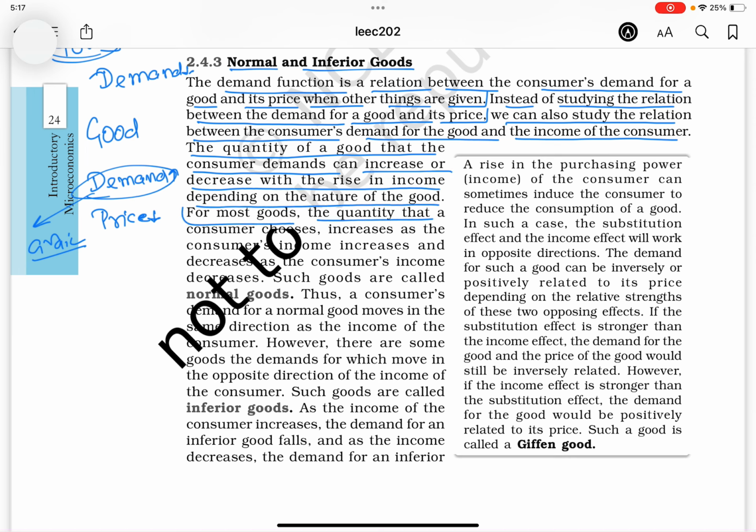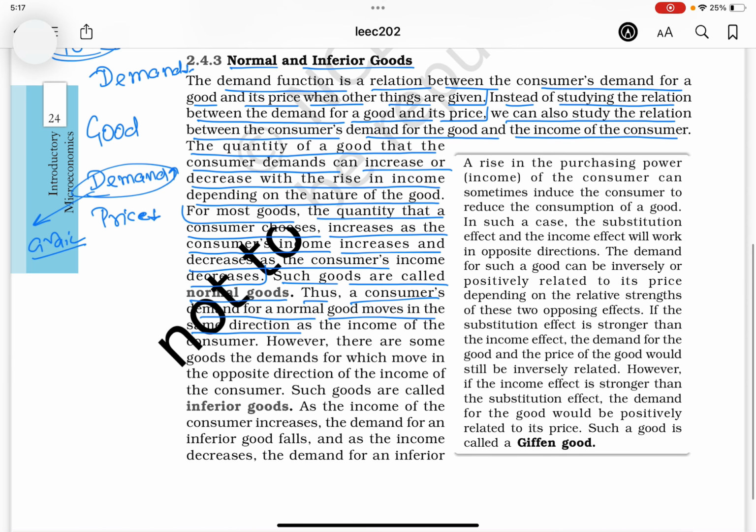For most goods, the quantity that a consumer chooses increases as the consumer's income increases and decreases as the consumer's income decreases. Such goods are called normal goods. Thus, a consumer's demand for a normal good moves in the same direction as the income of the consumer.